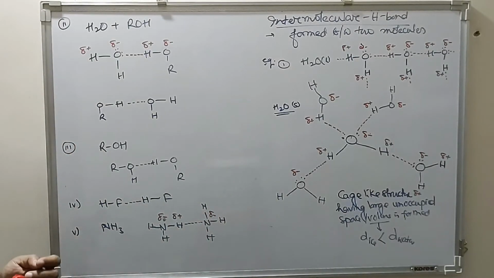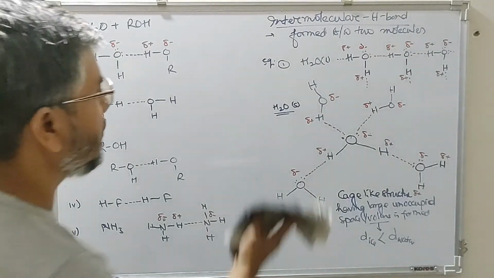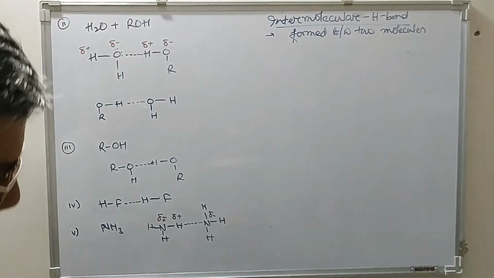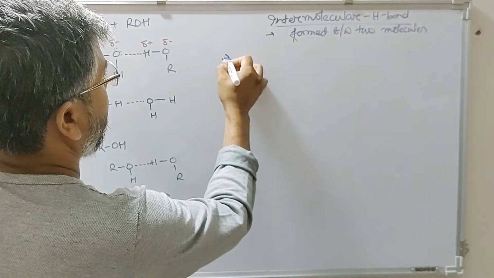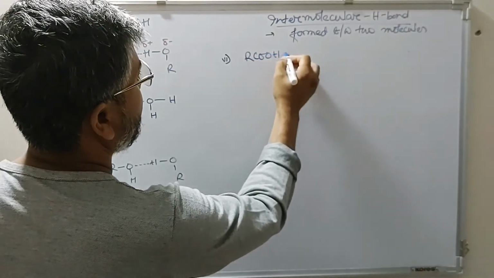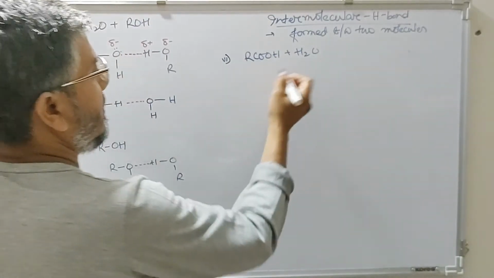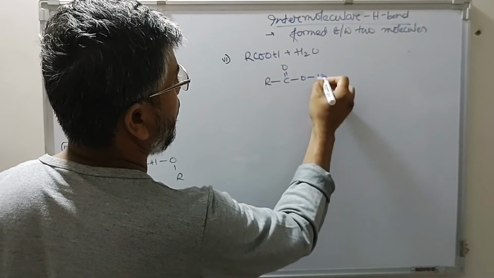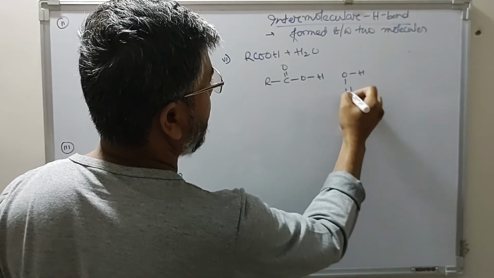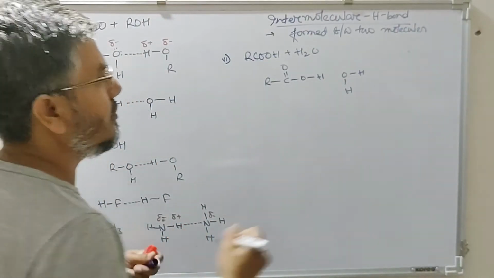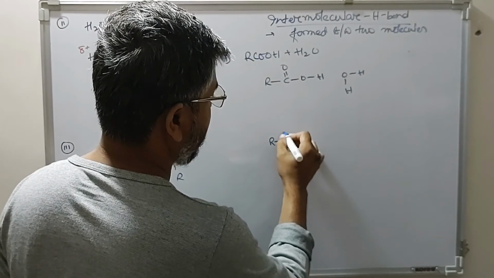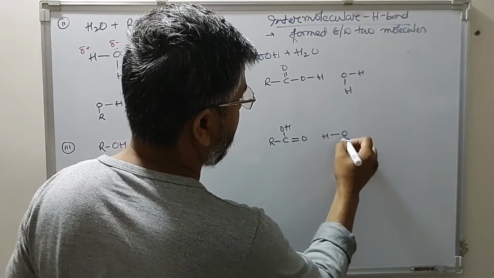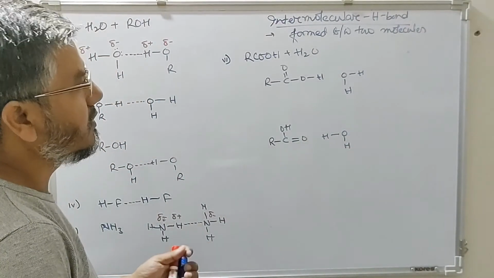So this, as I told you, is formed between two different molecules. Acid and alcohol, RCOOH plus water. So look at this, RC double bond O, this is OH. These can form hydrogen bond with oxygen of water, or we can also have RCOH double bond O. In both cases, hydrogen bond is formed.